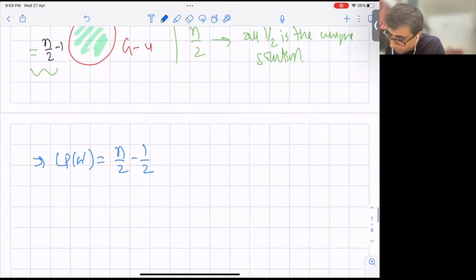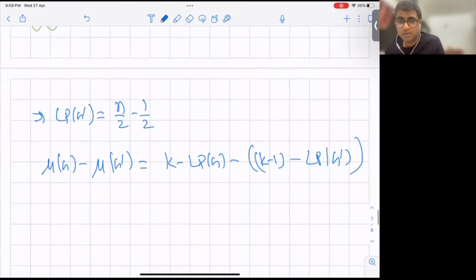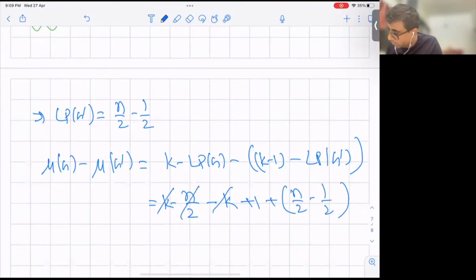So now, which is basically K minus n by 2, minus k, plus 1. Is that fine? So my measure drops by half in both.